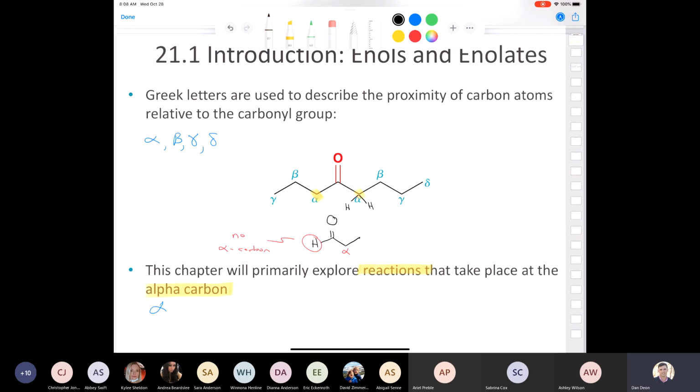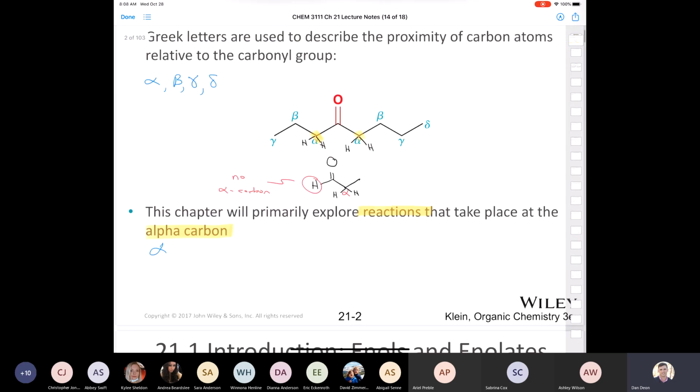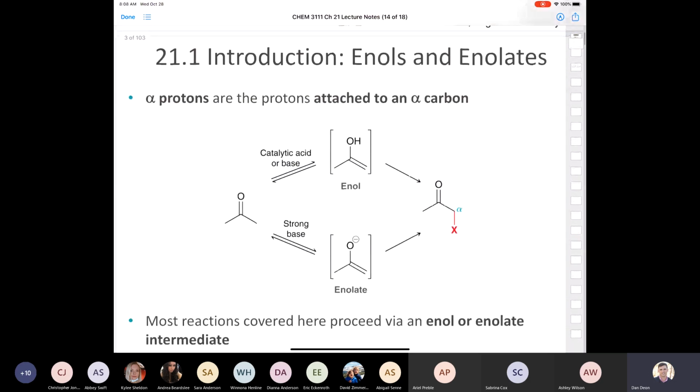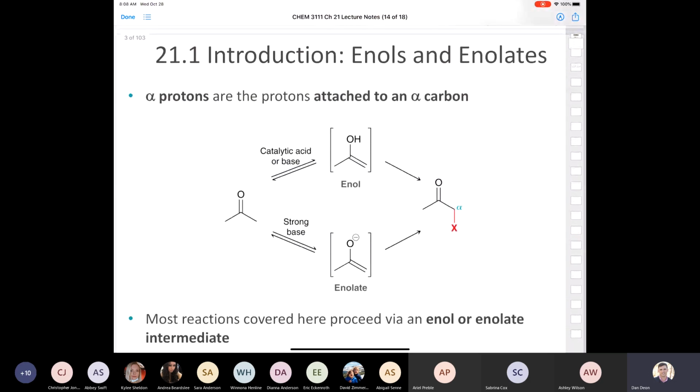We know bond line structures, and we don't include those, but we know that they're there. And we know that there are 2 alpha protons here as well. What it's saying on this slide is that alpha protons, or those protons attached to the alpha carbon, are relatively acidic. Now, compared to what? Well, we're going to talk about that.